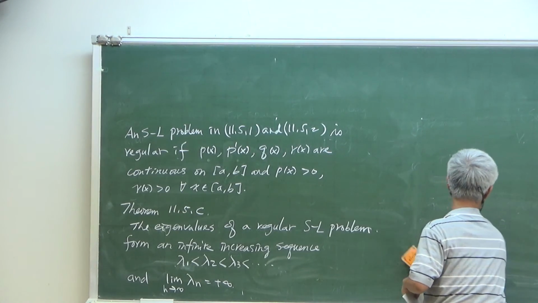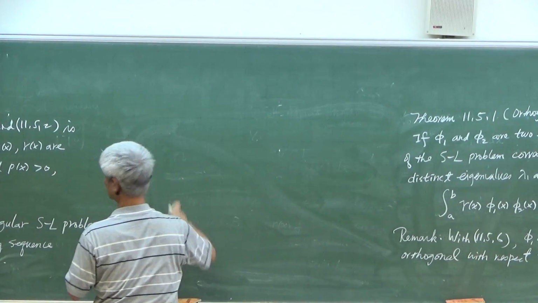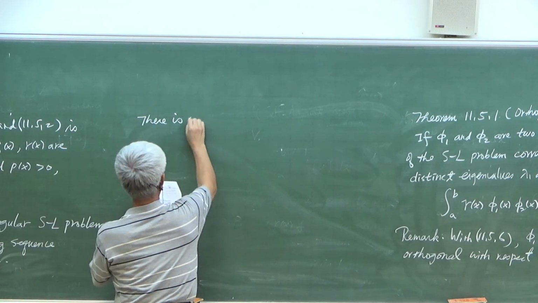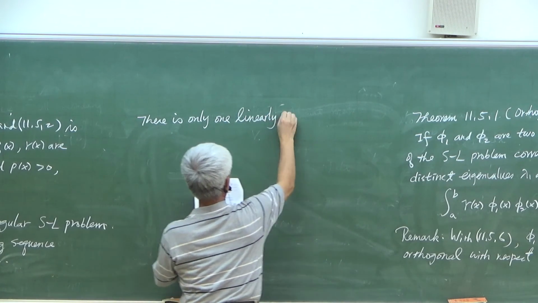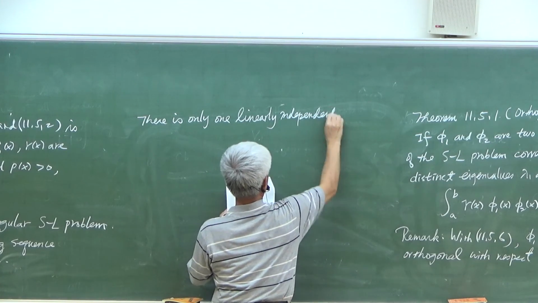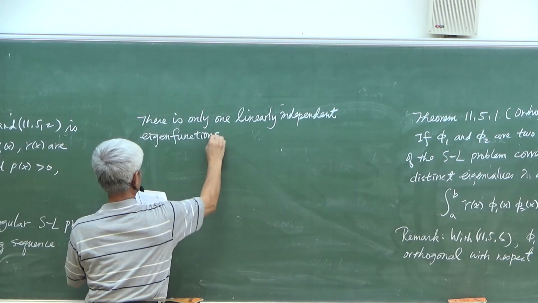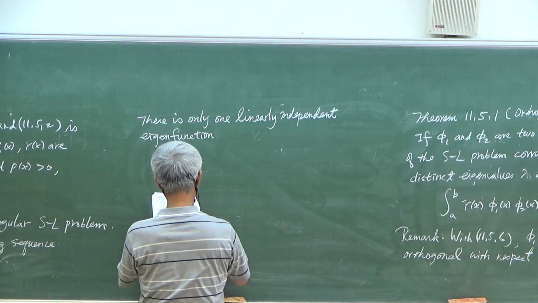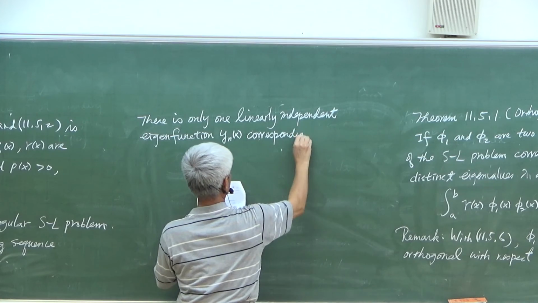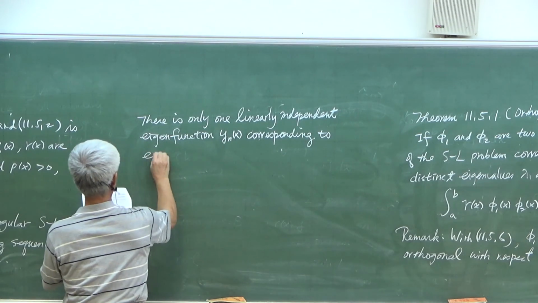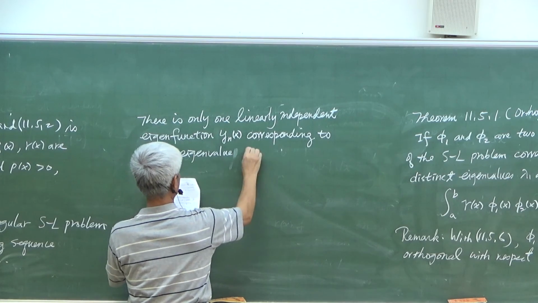And there is only one linearly independent eigenfunction y n corresponding to each eigenvalue lambda.